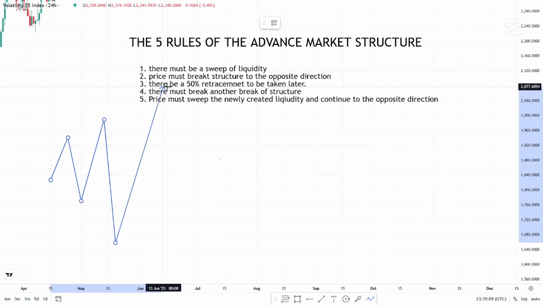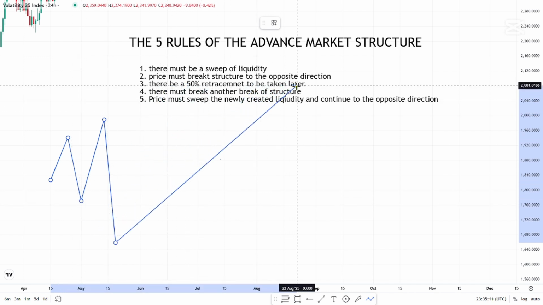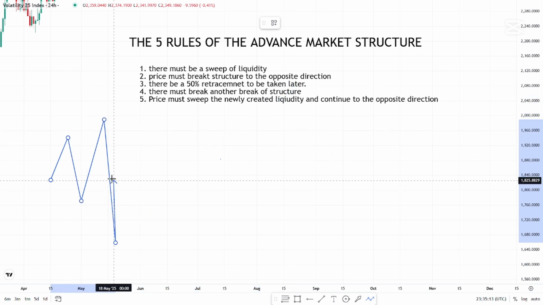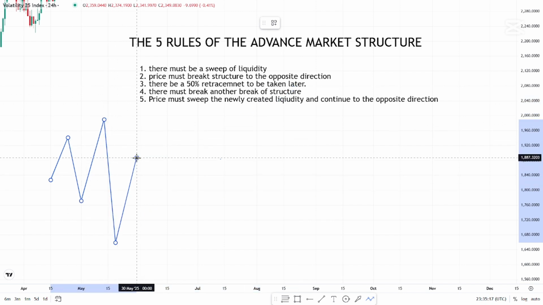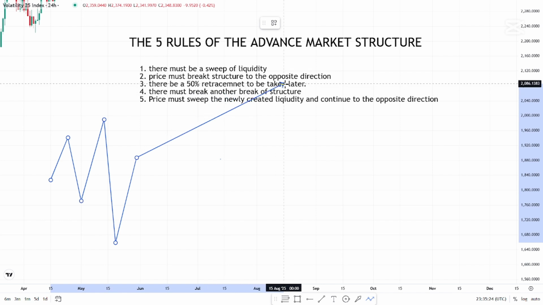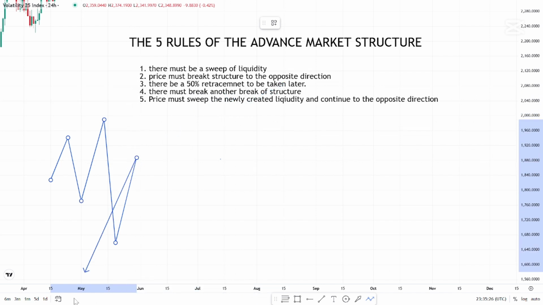Rule number three, there must be a 50% retracement to be taken out later. So from here to this point, you must have a 50% retracement, which is right here. Rule number four, there must be another break of structure, which means this structure needs to be broken. So this is break number one, break number two, and rule five.